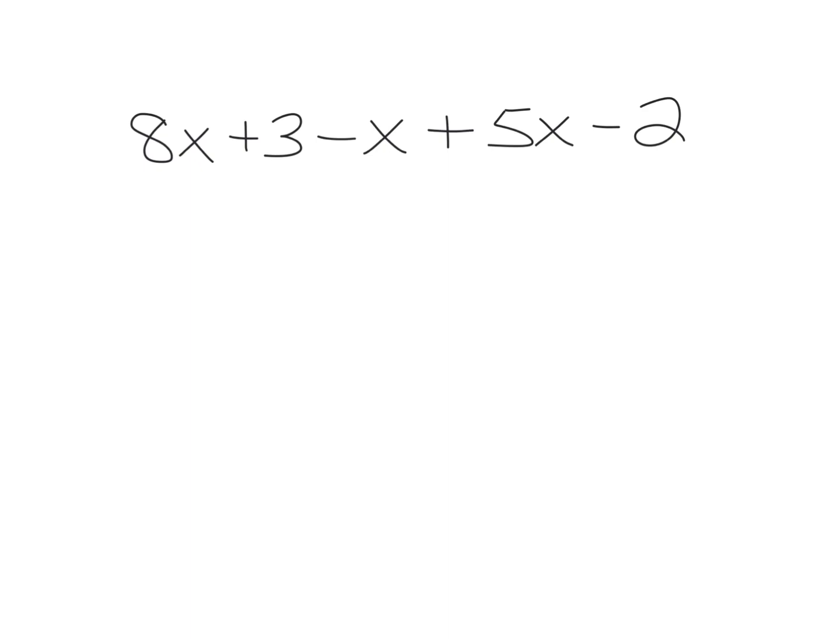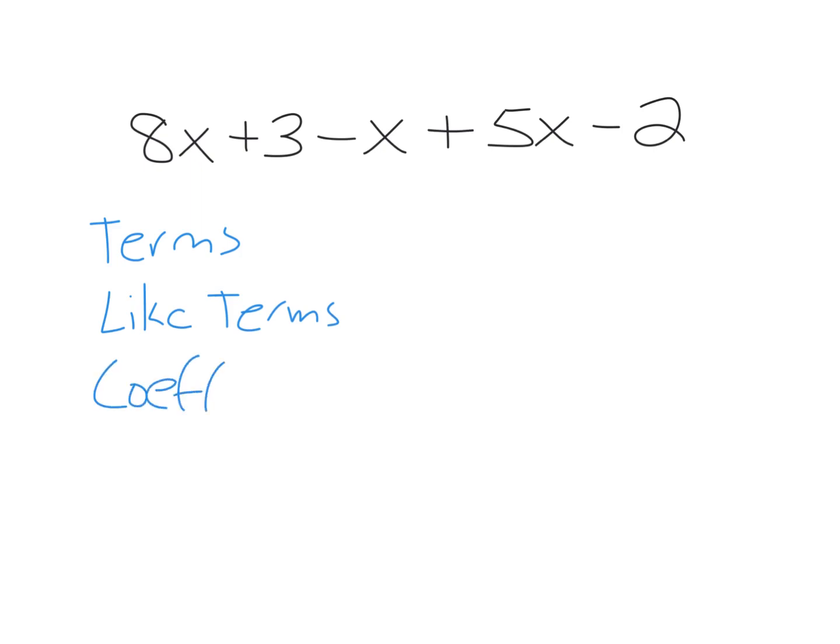All right, so directions said we want to label terms, like terms, coefficients. If you abbreviated these, that's totally fine too. And last one was constants. Yep. Okay, we got to understand what these 4 things mean before we can label, right?